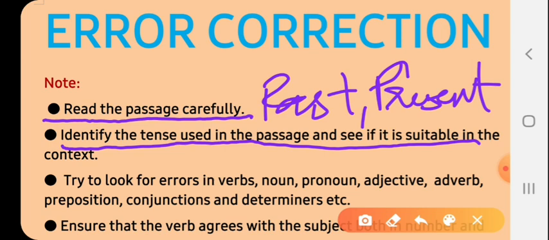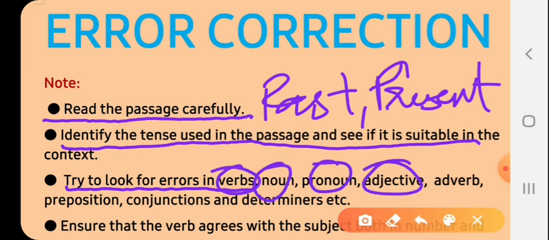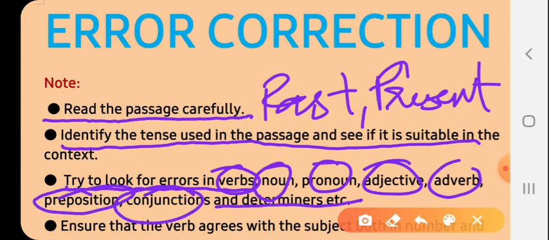Next, try to look for errors in verbs, nouns, pronouns, adjectives, adverbs, prepositions, conjunctions, and determiners. These are the main topics where you have to focus. These may be errors.